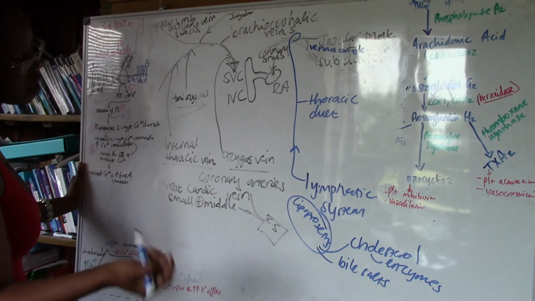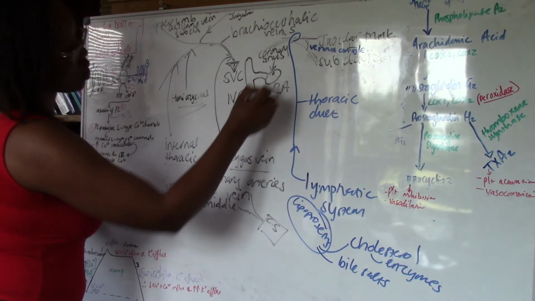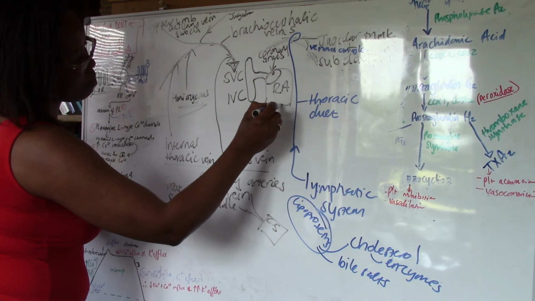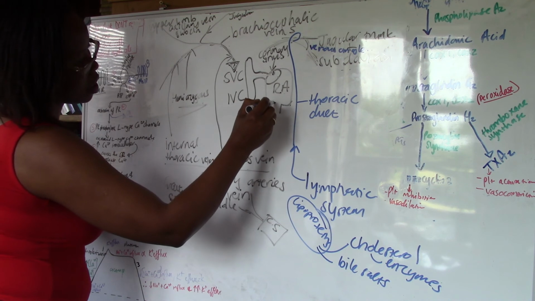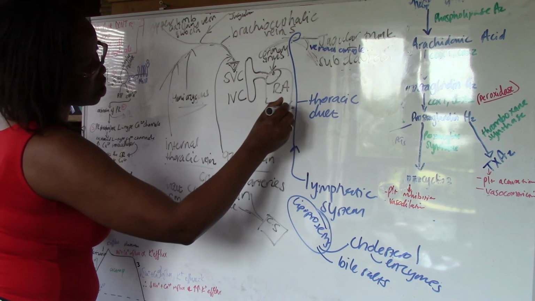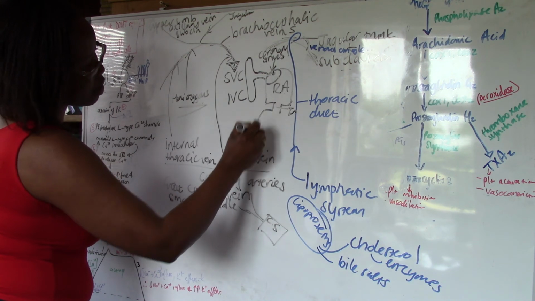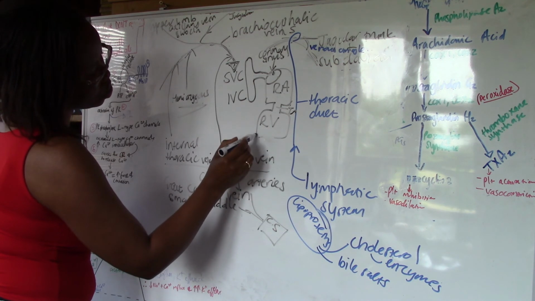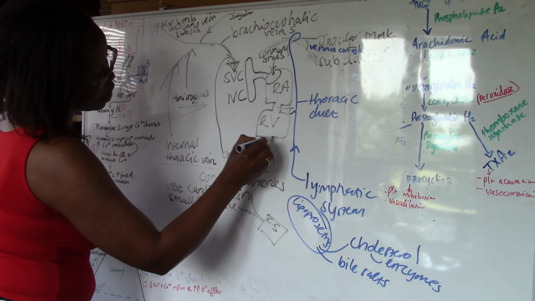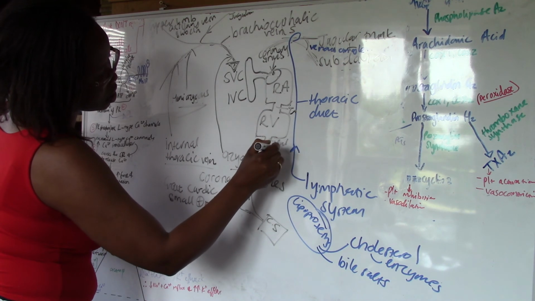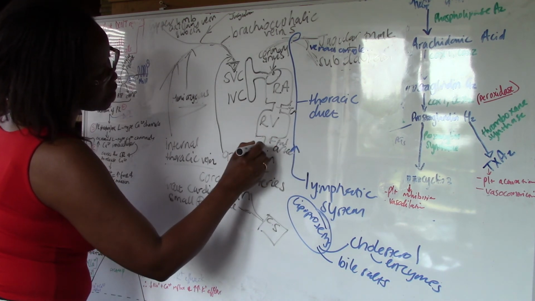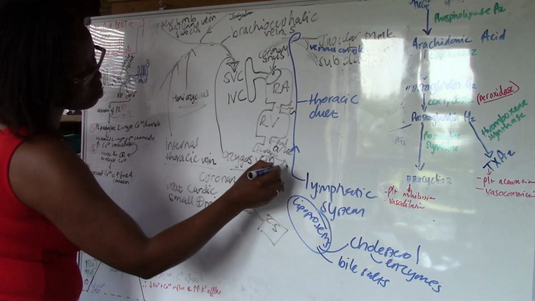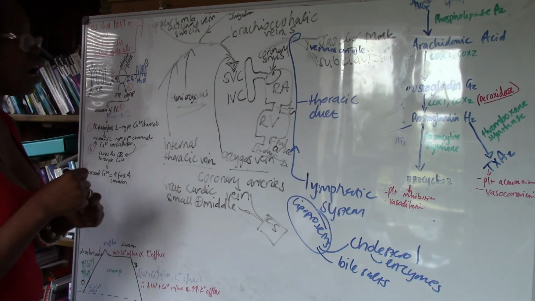Well, the coronary sinus, there is only one, and then blood will return back to the right atrium, and again from the right atrium blood will then move through the tricuspid valve to enter the right ventricle, and then into the pulmonary arteries to enter the lungs, where it becomes oxygenated and then enters the pulmonary veins and back to the left heart.